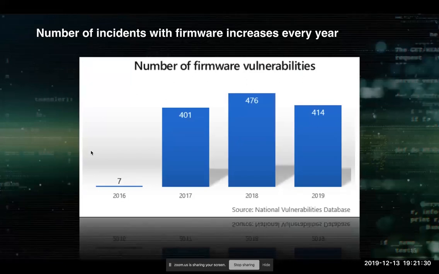In our class, we will also cover this part. This picture shows statistics from the National Vulnerability Database. We can see we have a lot of firmware vulnerabilities every year, but I don't think every vendor reports all of them, and I believe these numbers are much bigger.